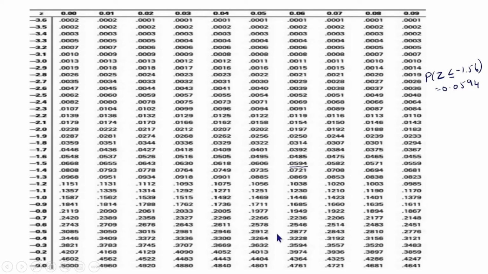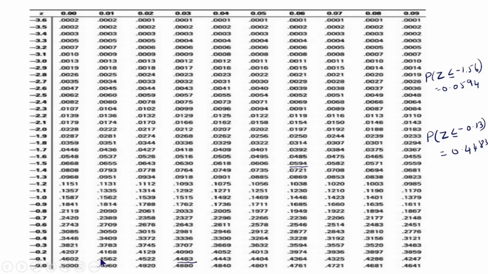So in the table we have to locate 0.4483. So if we see, 0.4483 is here. Now we have to see probability of z less than or equal to which value of z is 0.4483. So probability of z less than or equal to minus 0.13 is 0.4483.